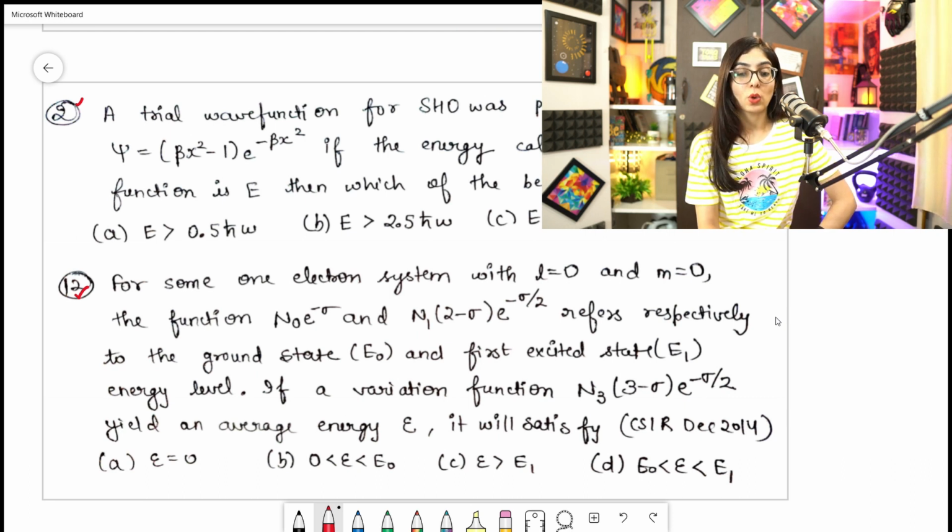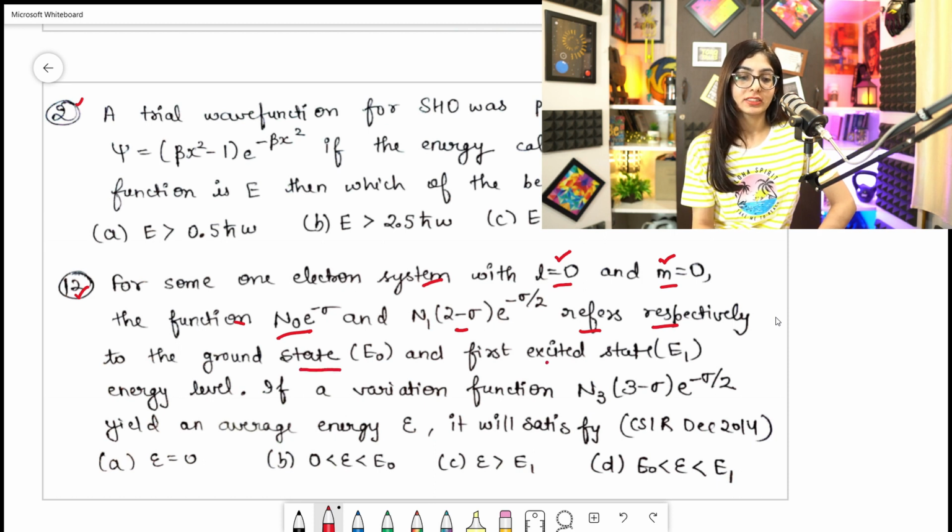According to it, for some one electron system with L equal to 0 and M equal to 0, the L value is given and the M value is given, the functions N0 e^(-sigma) and N1 (2 - sigma) e^(-sigma/2) refer respectively to the ground state and first excited state.